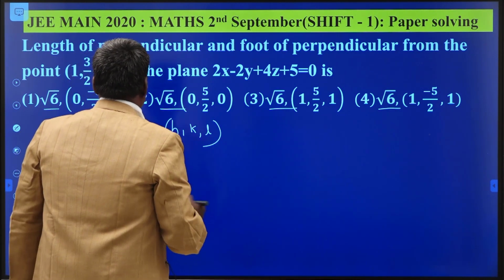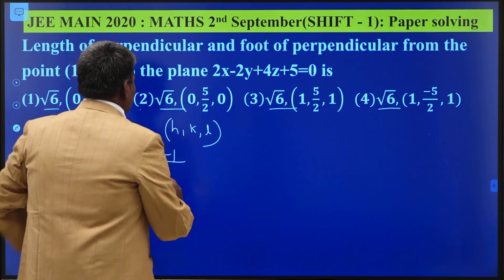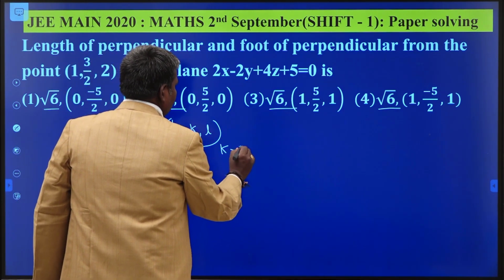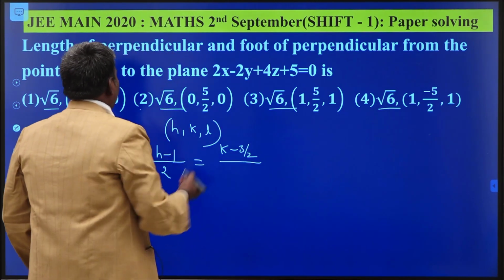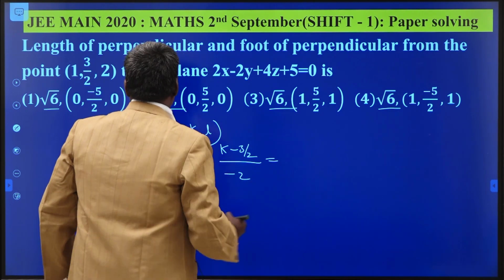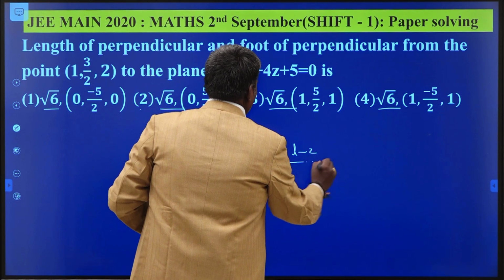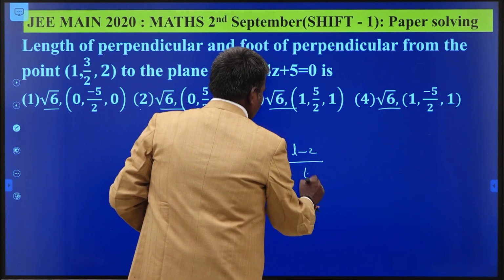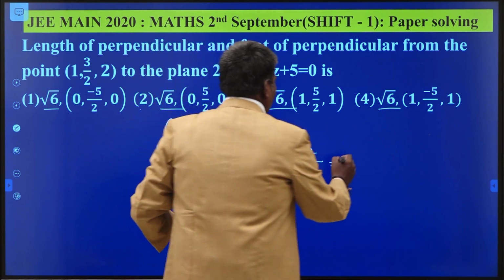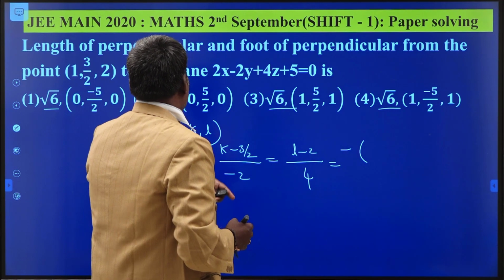How to obtain HKL? H minus 1 by 2 is equal to k minus 3 by 2 by minus 2 is equal to L minus 2 by 4, is equal to minus of ax1 plus by1 plus cz1 plus d by a square plus b square plus c square.